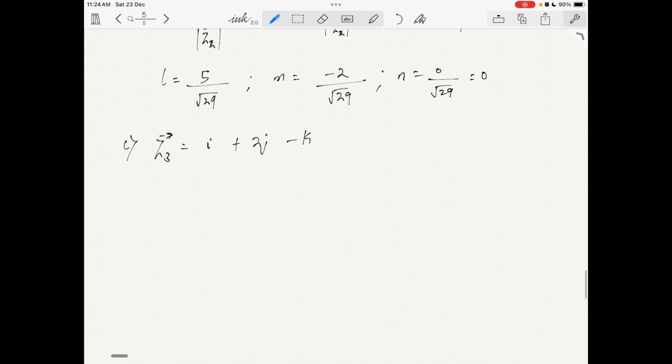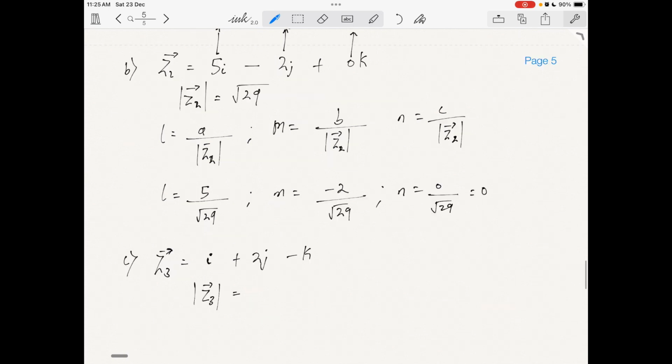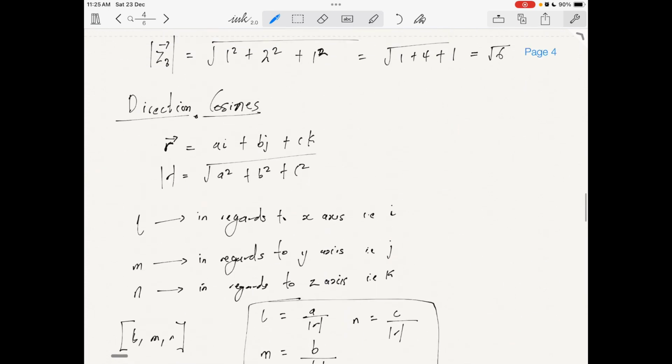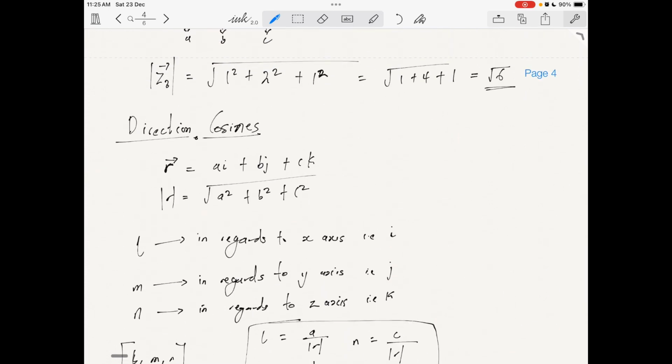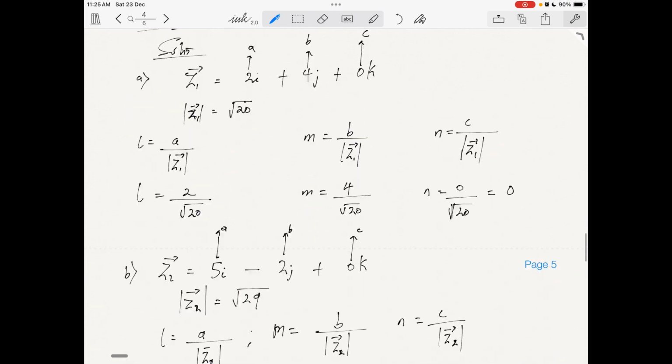How do we go about this? I plus 2j minus k. We know that the modulus of z3, like we've calculated before, is root 6.